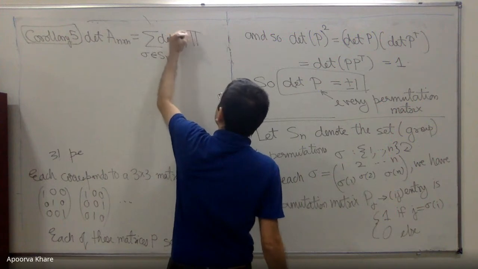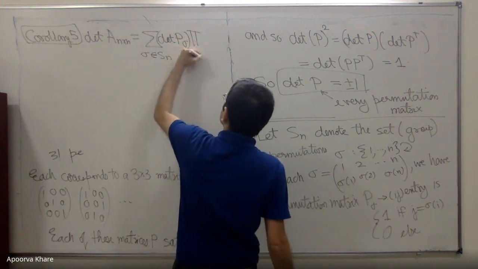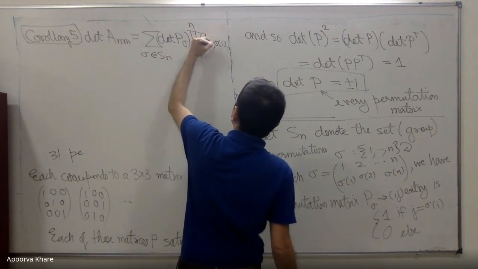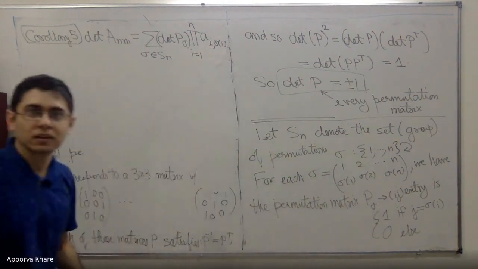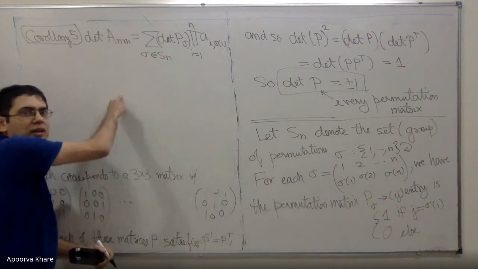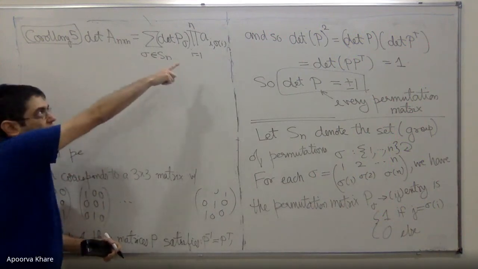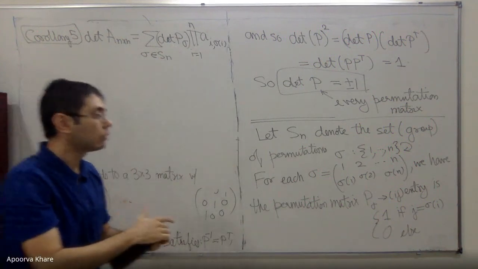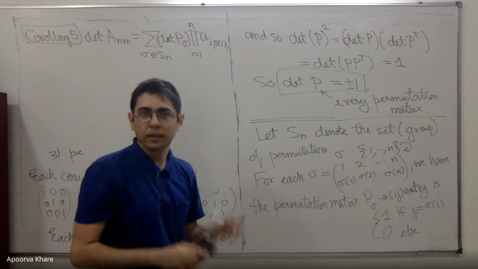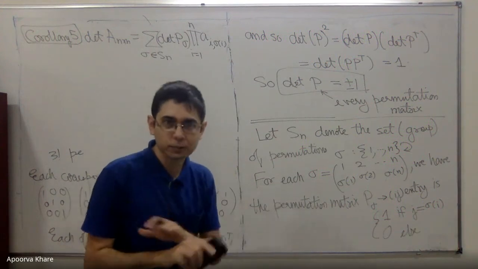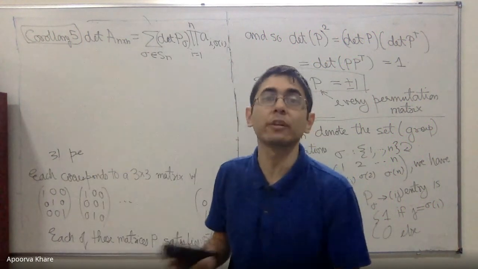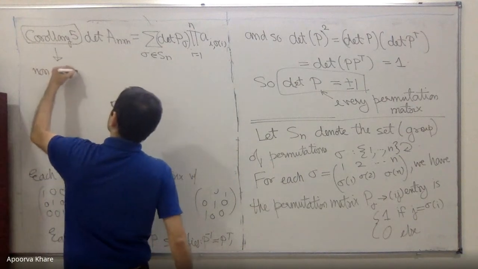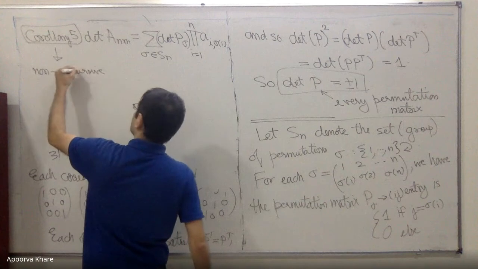And then you multiply this determinant by the product, i goes from 1 to n, of A i sigma i, like Aij. So this is exactly the ACB, ACEG, that kind of thing. That is this part. And this is the plus or minus 1 depending on how the permutation looks like. This is the formula for a determinant. This is the explicit general formula for a determinant which is non-recursive, or non-inductive.